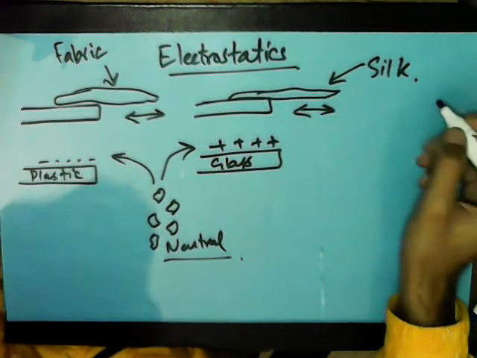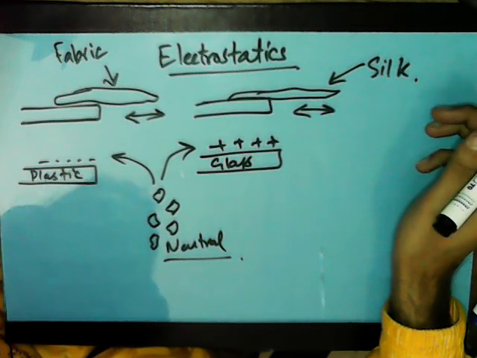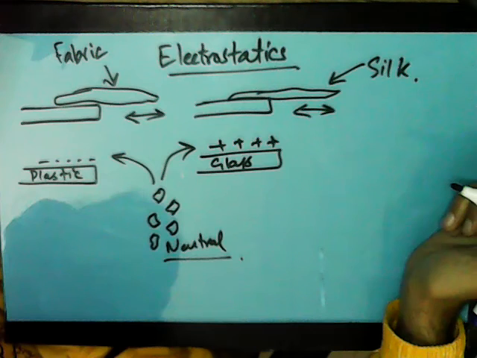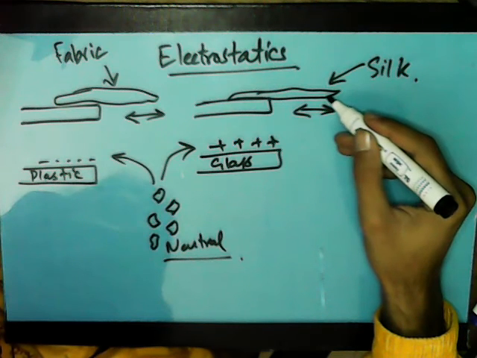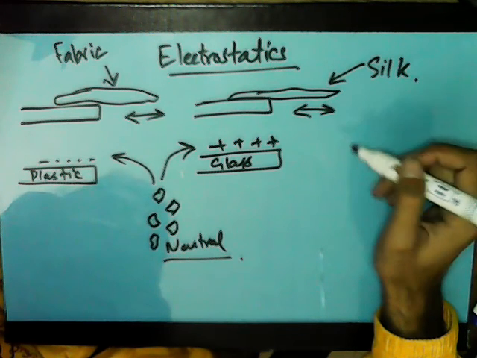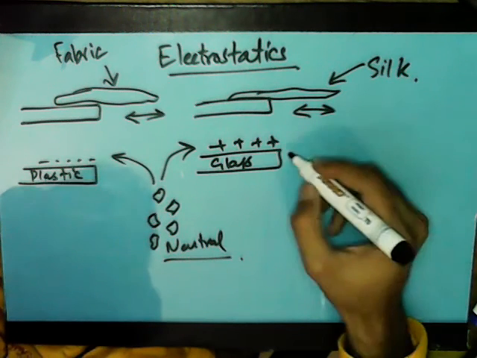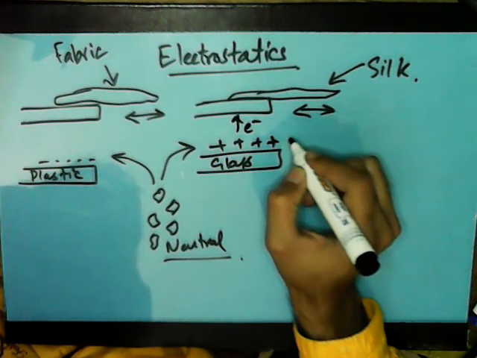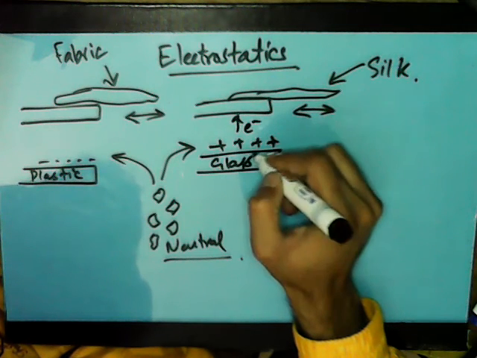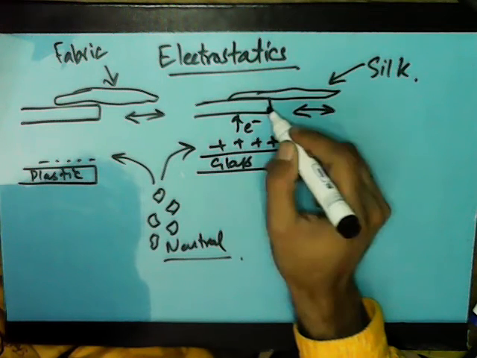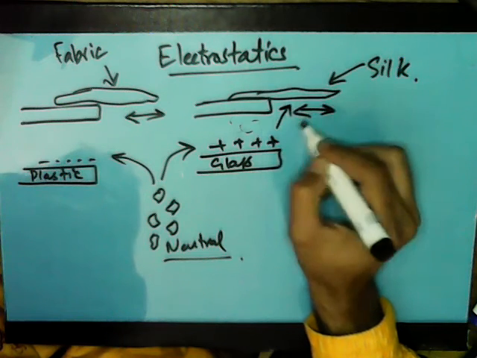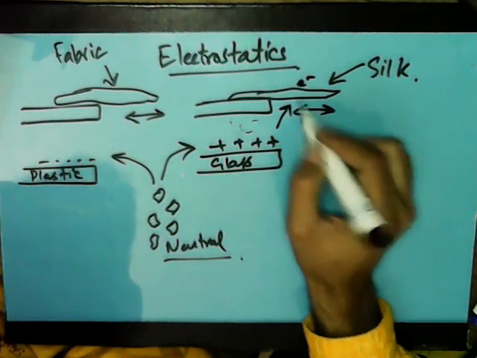So when we're talking about silk, if the glass is getting positive, the self-assessment is asking whether this would have an equal amount of charge, and I just explained that the electrons are jumping from the glass surface onto the silk fabric. So the electrons are over here.